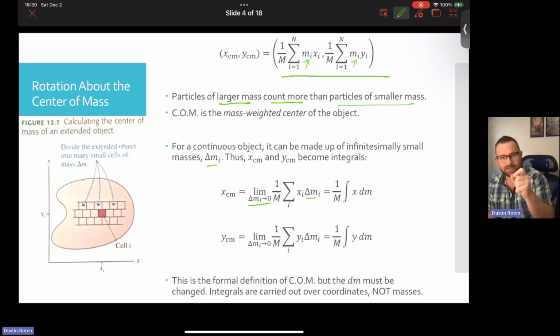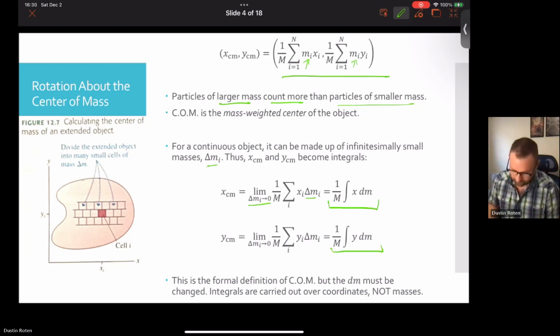So as the limit approaches 0, we keep chopping this up even more. Turns out we can turn this into an integral. Here we just need to integrate across all the x coordinates, and for the y component of the center of mass, we just integrate across all the y's.